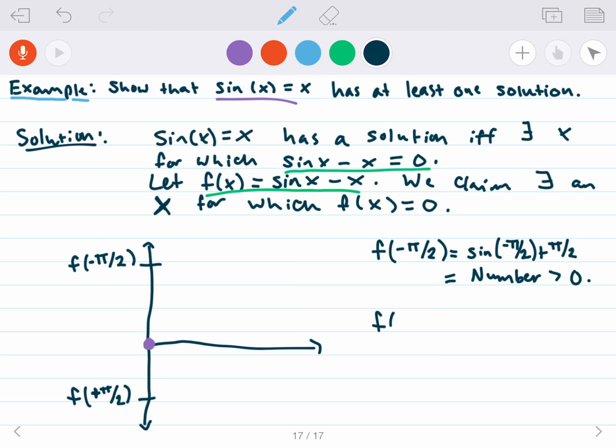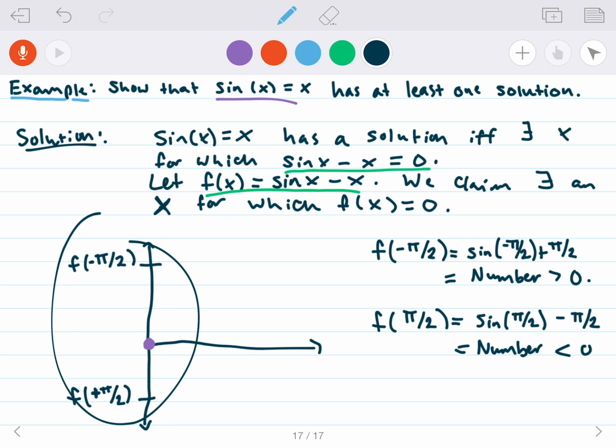And then if you check in your calculator, f of pi over 2, sine of pi over 2 plus pi over 2, I meant minus pi over 2, because this is a double negative here. This is minus pi over 2. That's why I wrote that. So this is going to be a negative number. So the picture should look okay.